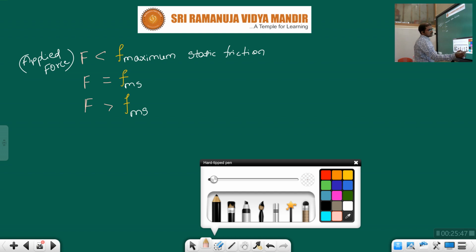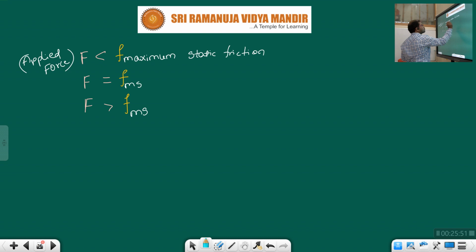In this case, how will the block be, children? In this case, the block will be in rest condition. Even when F is equal to FMS, the block will be in rest condition, children.